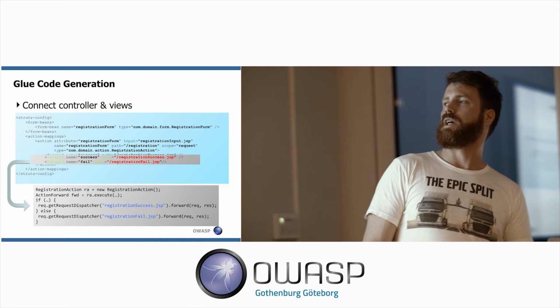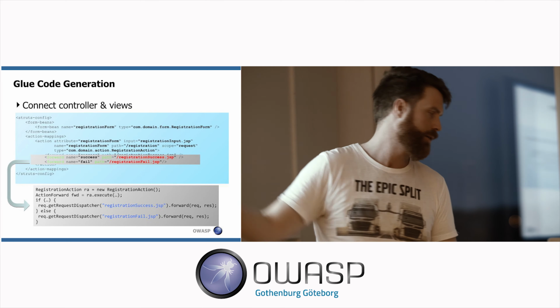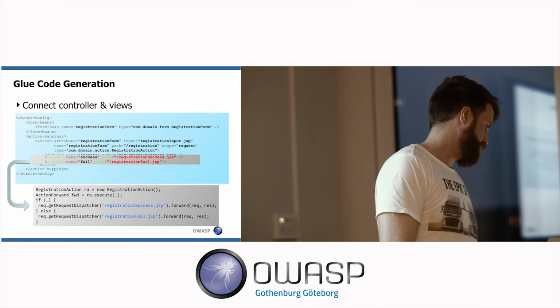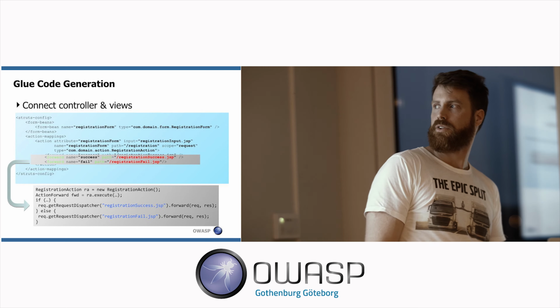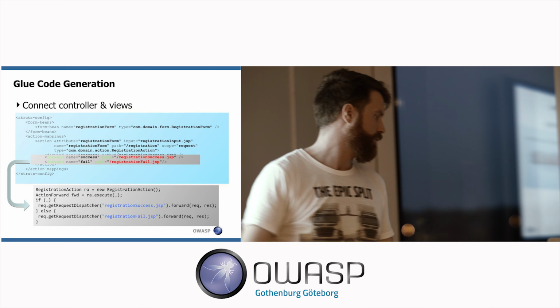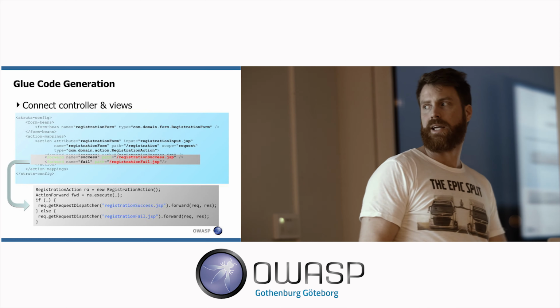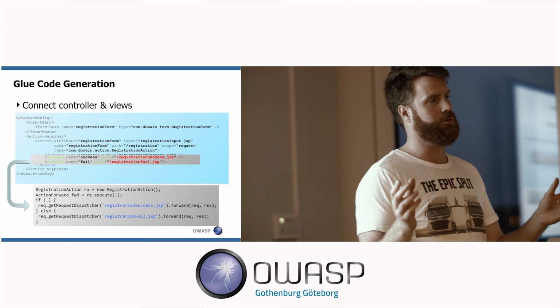So this is a Struts example. You have a registration form in XML. And then your tool goes into this reflection part here. Oh, okay, if this happens, then this class is going to be called. And then it could just make that up in its own Java code.